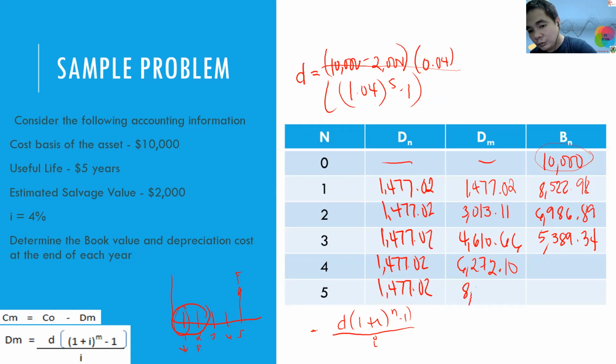For the fifth year, this is 8,000. Therefore, the book value is 2,000. So as you can see, the book value at the end of the 5th year is equal to 2,000. This is how we compute using the sinking fund method.